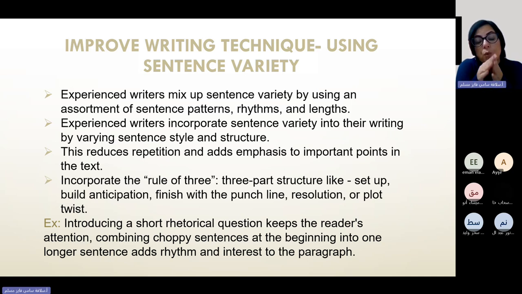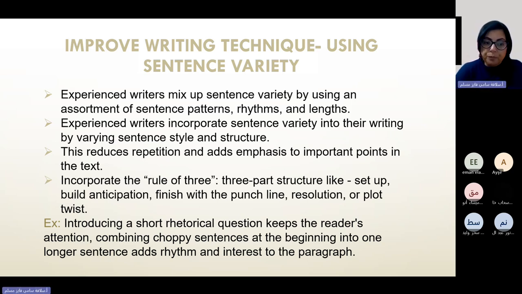Same goes for other academic, scientific works. You have to introduce your topic first, then gather the information, give examples, provide details about the themes in your body, and then conclude with a recommendation in your conclusion. So it's called the rule of 3, a 3-part structure.